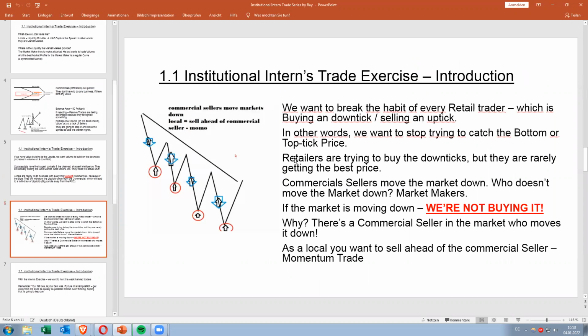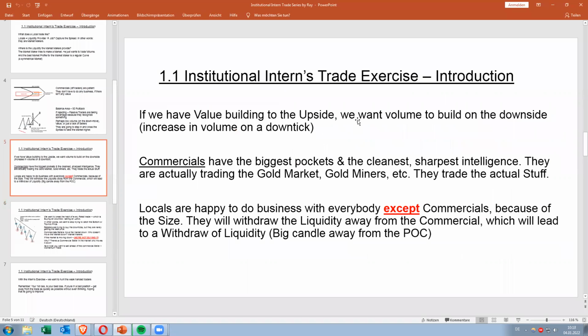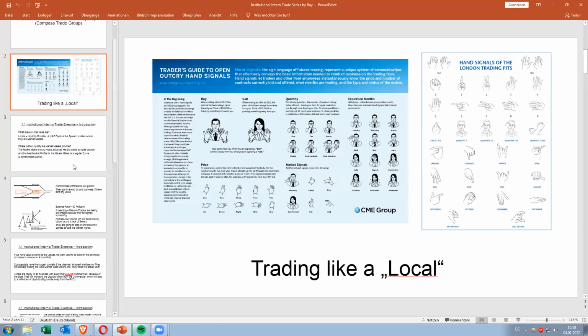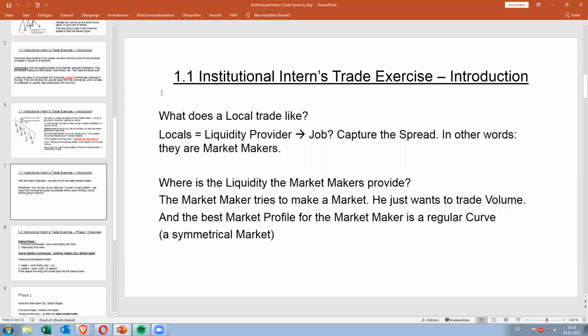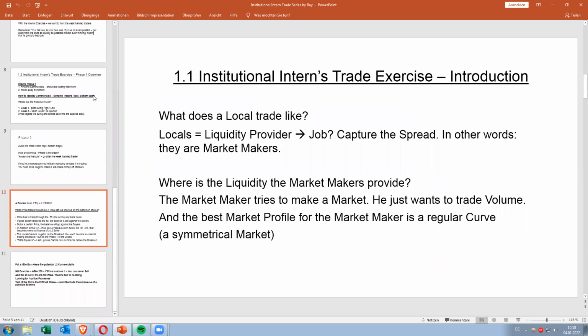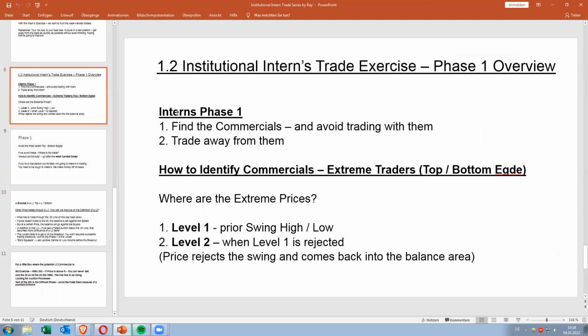They're using hand signals. It's probably the same on your trading floor in India, I don't know, but I'm working on a little PDF file, and this is the most important part at the moment.